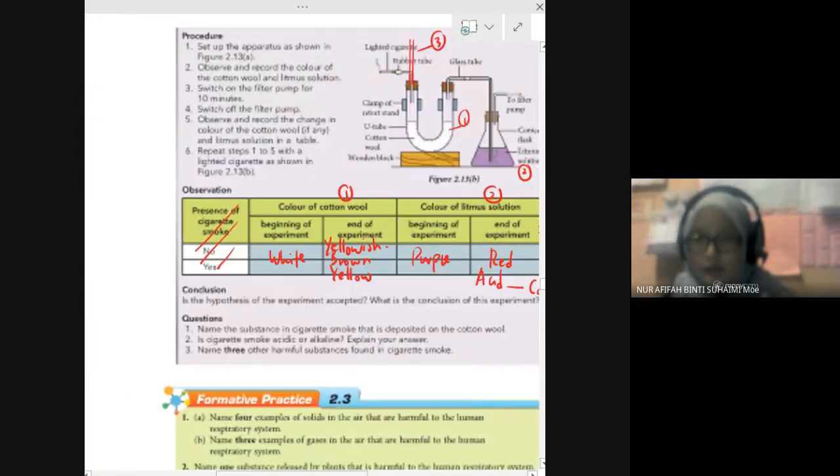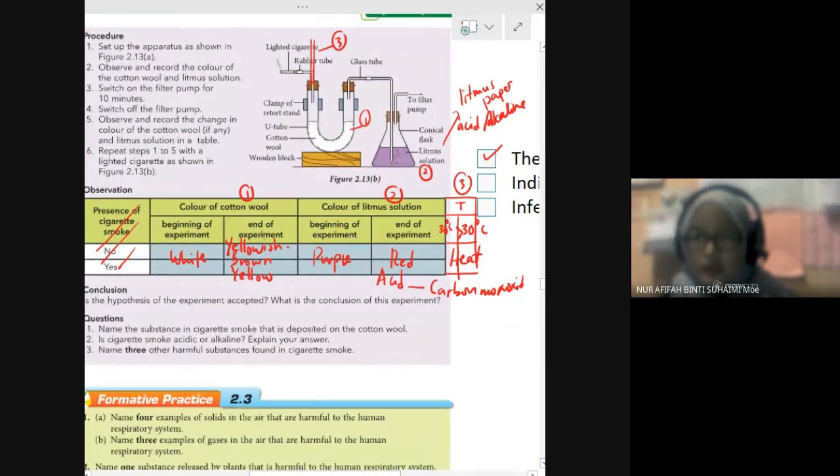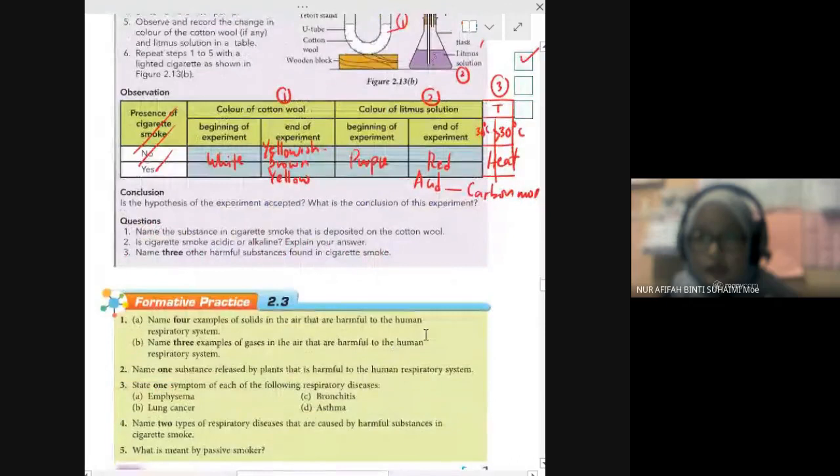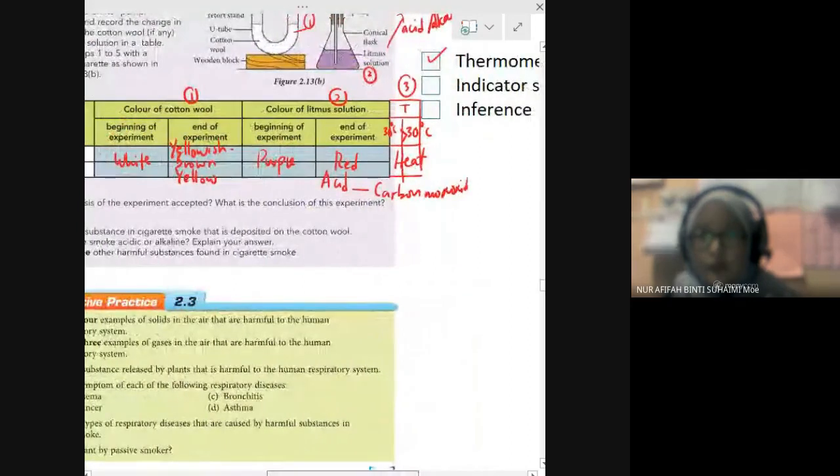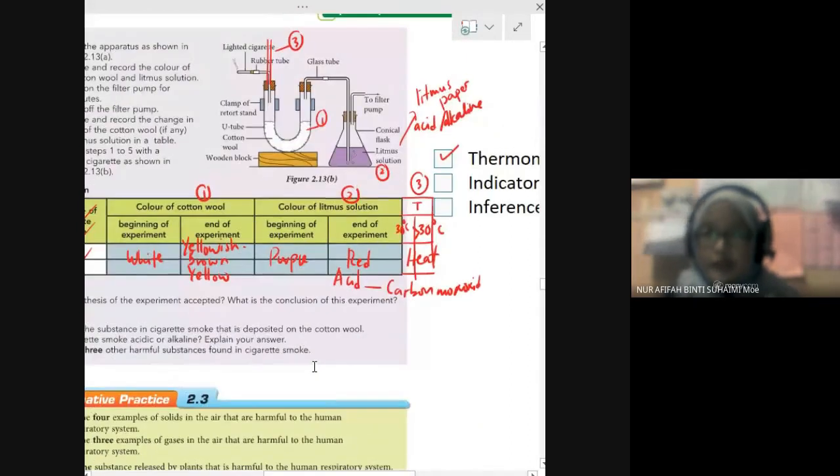And one more thing: inference. There should be one more row at the bottom, one more box, to explain why the cotton wool becomes yellow. If the question asks you what is the inference for the first observation, the color of cotton wool?